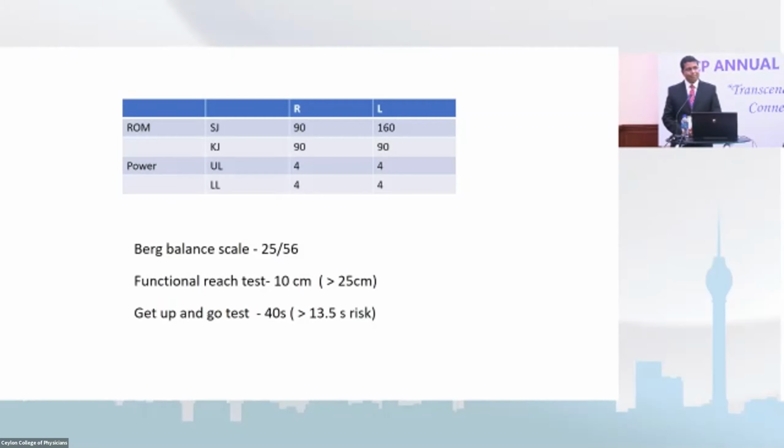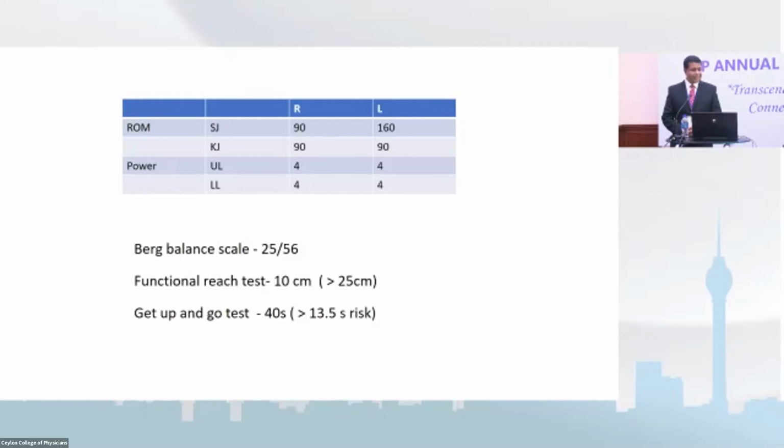She also did the Berg Balance Scale, which I'm going to discuss in my next few slides. On the Berg Balance Scale, out of 56, she scored 25. The functional reach test of the upper limb was 10 centimeters. Ideally, if it is more than 25, the fall risk is low; if it is less than 25, the fall risk is high.